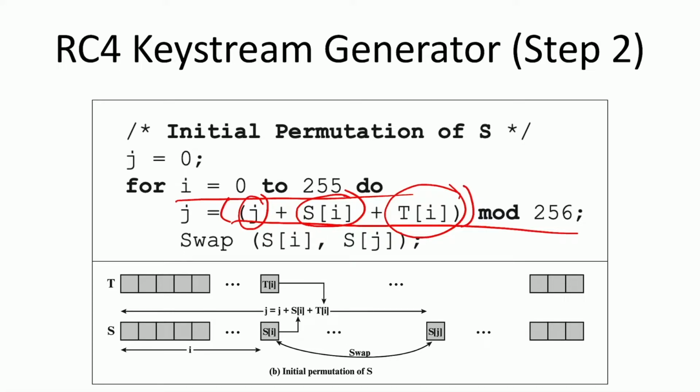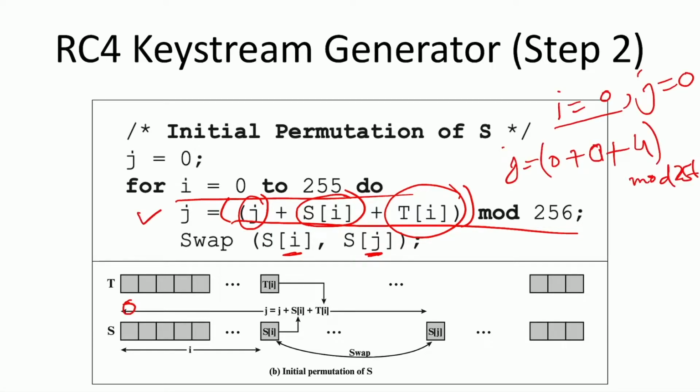And then we swap values in the S vector at index i and index j. This makes sure that all values in S are shuffled. So let's say we start with value i equal to 0, value j is equal to 0. So we try to calculate the j index using this equation right here. So we have j equal to 0 plus S of i, or S of 0, let's assume it's the value 0, as we saw in the previous slide, and then T of i, or T of 0, and let's assume the numerical value there is 4.